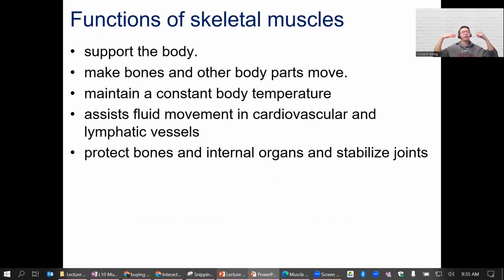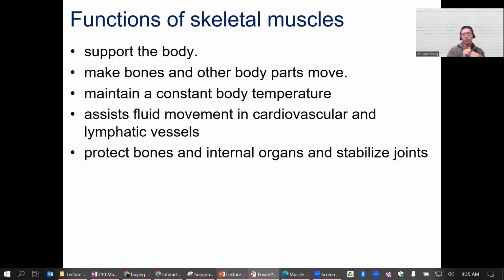Now, there are 3 types of muscles that exist in the body. We have the skeletal muscle, which are the ones that you can voluntarily control. Remember, you have a part in the brain that does that, the primary motor cortex, right? So that's what the focus of this part of the lecture is. But you also have cardiac muscle, which is only found in the heart.